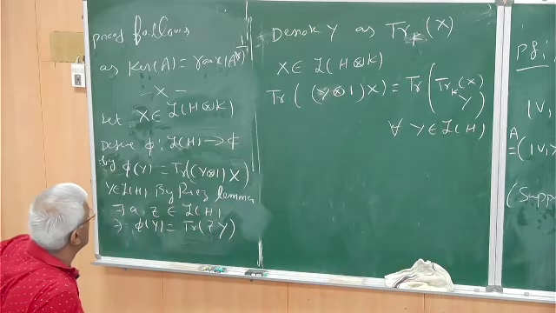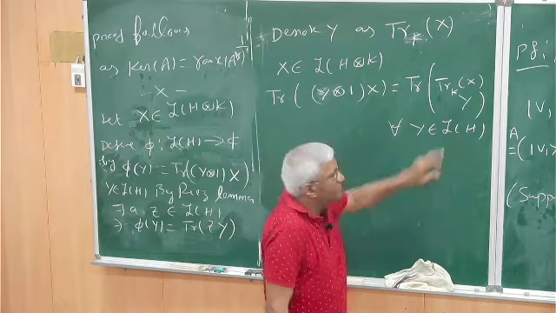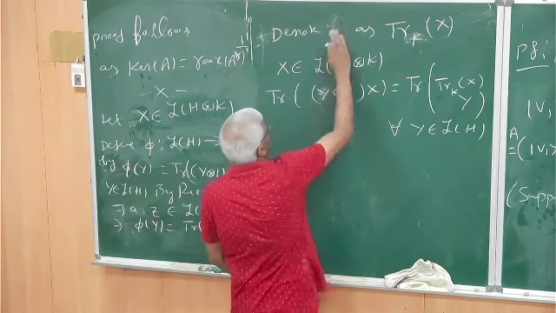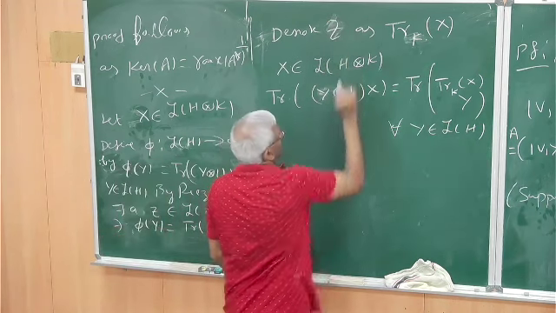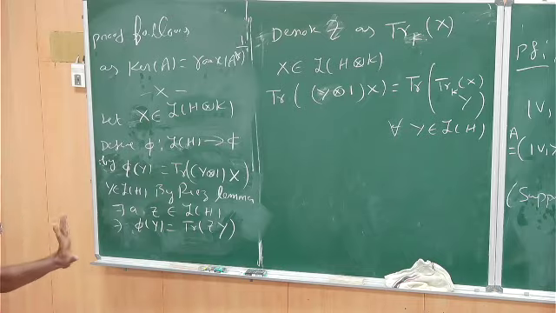I call that Z to be this. Denote Z to be this. So this Z is called a partial trace.